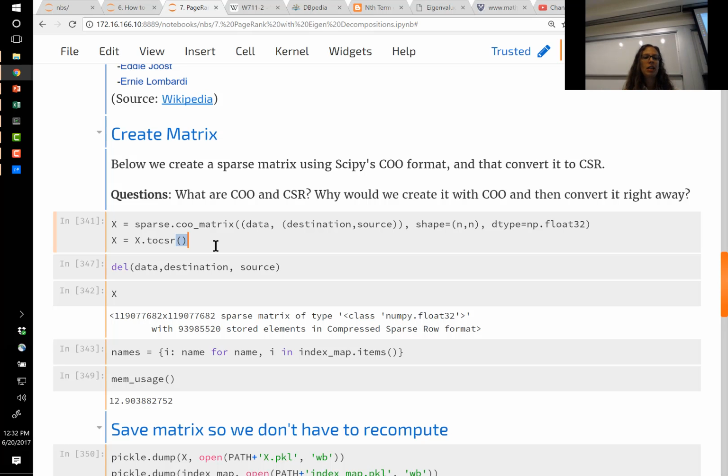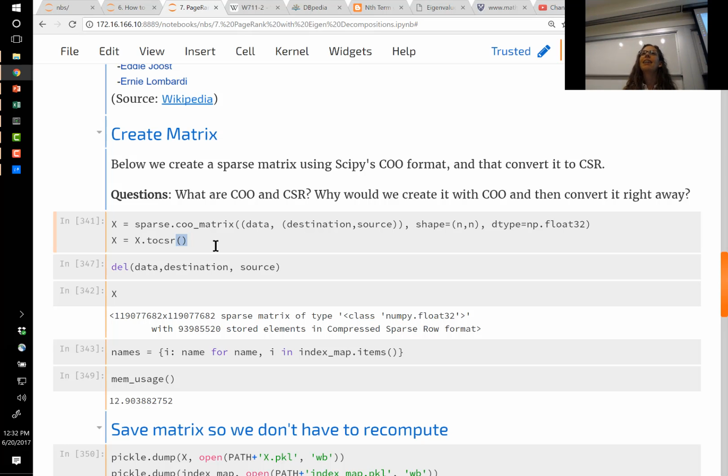So these are two different sparse representations. Why would we create it with COO and then convert it in the next line? I feel like COO is logically easier to create, but it's not the most efficient for the operations we're going to do. Exactly.